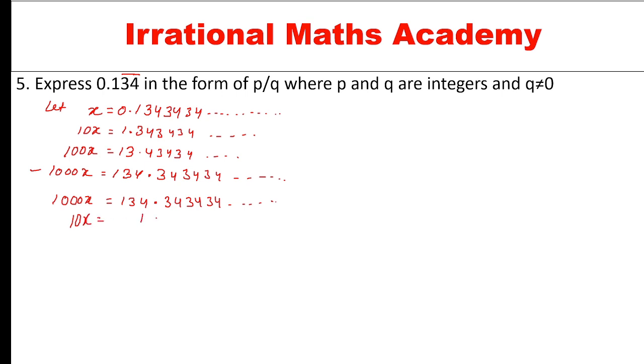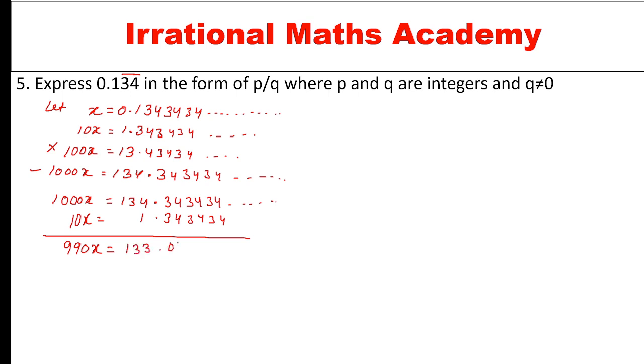after the decimal 1.3434. See, this is no use, only these two things are enough. If I subtract 10x from 1000x, I get 990x equal to 134 minus 1, 133.